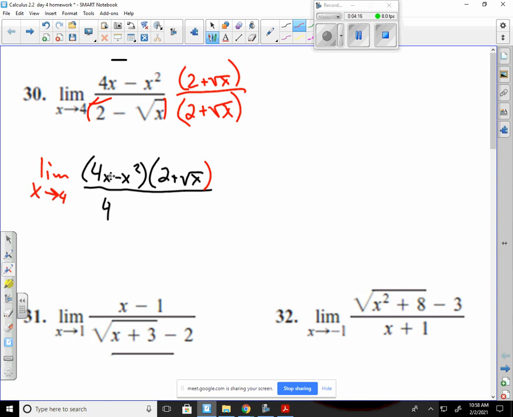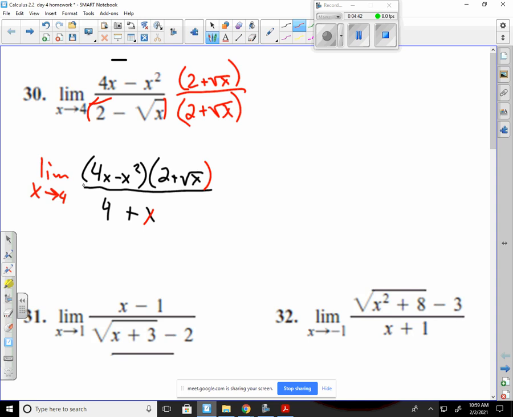And outer gives us plus 2x. Inner gives us minus 2x. Those are going to cancel. Then the square root of x times the square root of x is just x. So now I have the top as 4x minus x squared times 2 plus the square root of x and 4 plus x in the denominator.